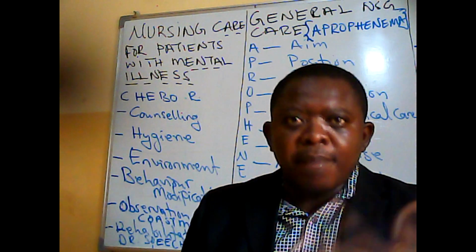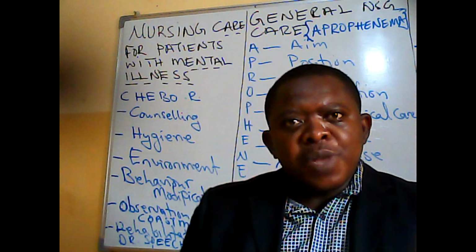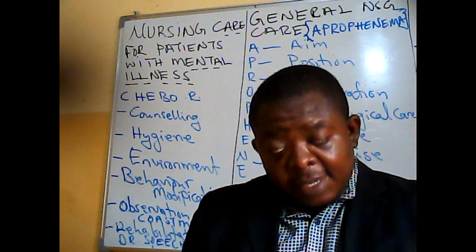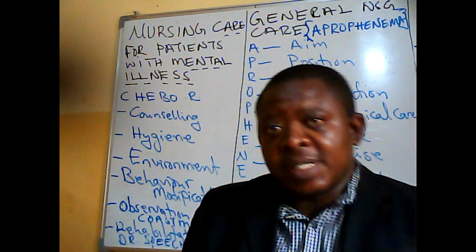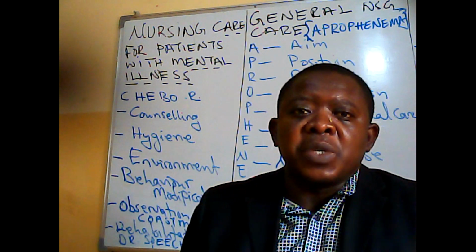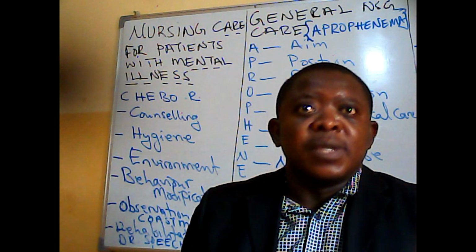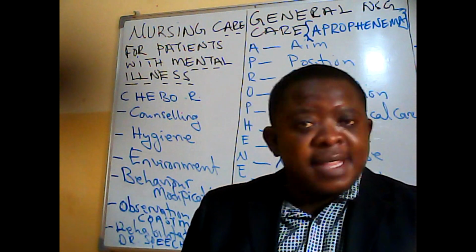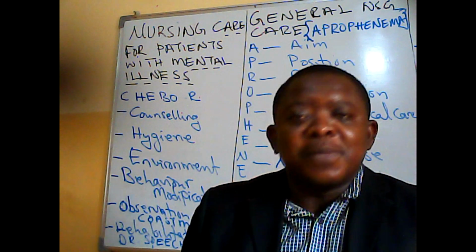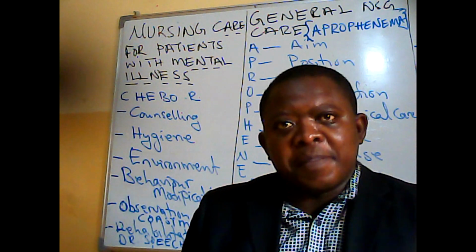So when you're observing the patient, look at the level of consciousness. That is found within that acronym. C is for consciousness. If the level of consciousness is a little bit lower, don't expect the patient to function at their normal level. So you need to observe the level of consciousness of the patient.